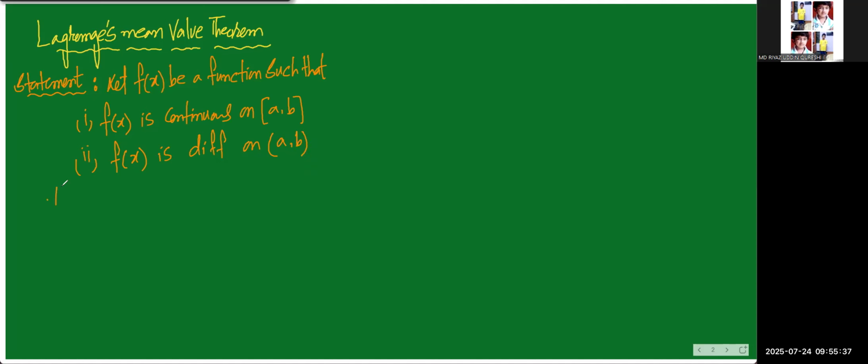Then there exists a point c belonging to (a, b) such that f'(c) equals (f(b) minus f(a)) by (b minus a). Sometimes in the exam they ask the statements, so write down all the statements of the first, second and fifth units somewhere, it will be good. This is your statement of Lagrange's mean value theorem.